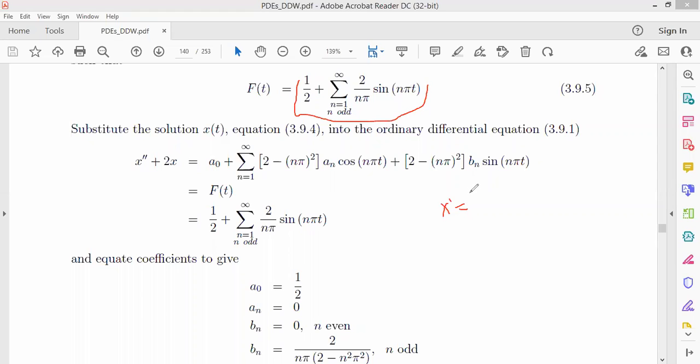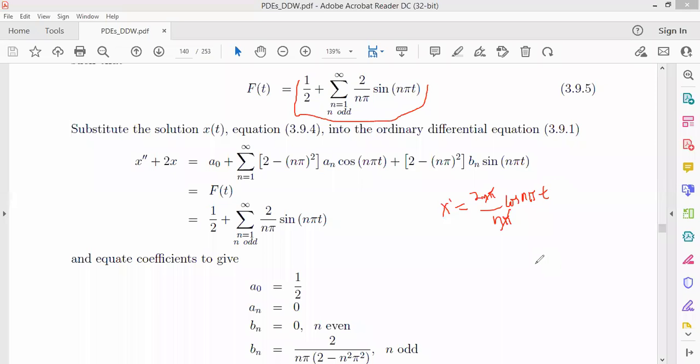You bring the 2, so you have 2n pi, and this is over n pi. The n pi crosses with that upper n pi. The 2 is that 2. This is cos n pi t.